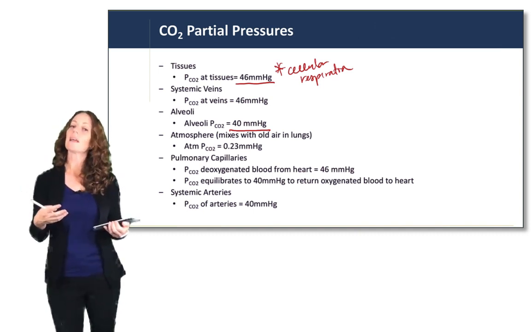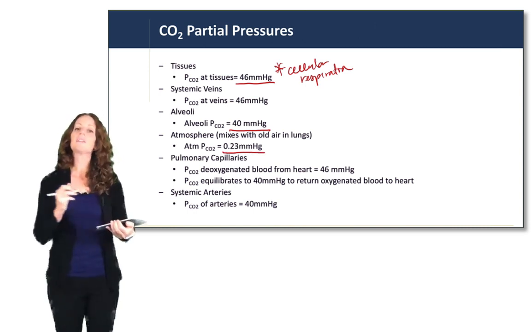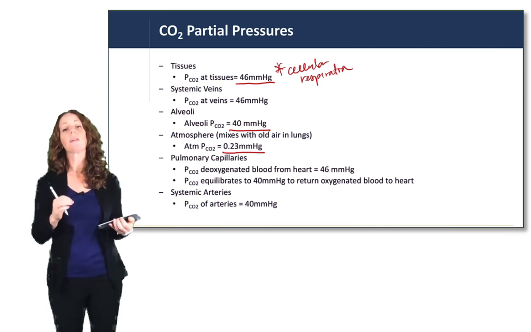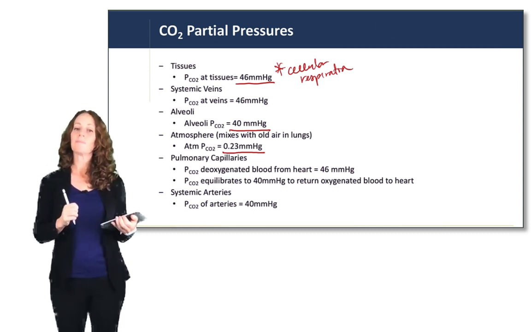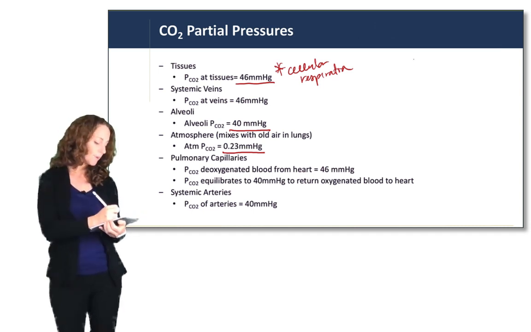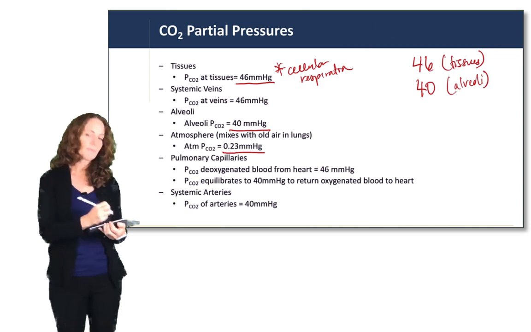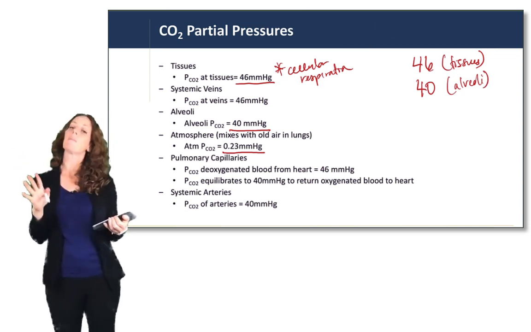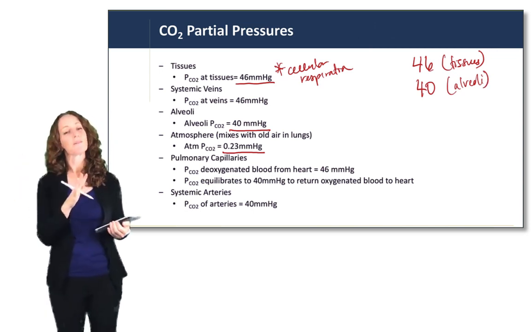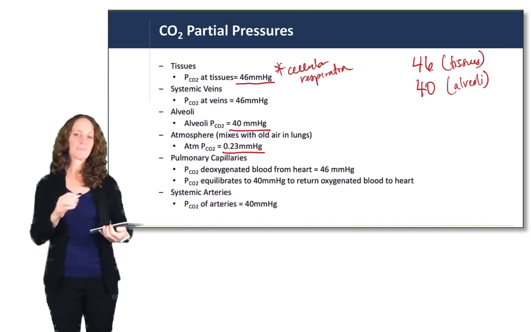The pressure in the alveoli is 40 millimeters of mercury. The pressure of CO2 in the atmosphere is quite low, only 0.23 millimeters of mercury. So the numbers you need to remember for CO2 are 46 at the tissues and 40 in the alveoli. Again, these are ballpark numbers. You'll get more specific numbers when you learn about your arterial and venous blood gas measurements.